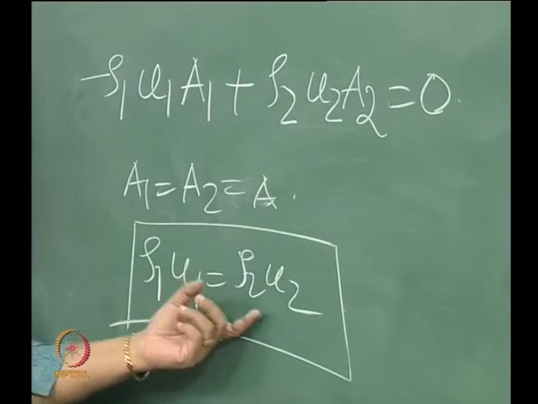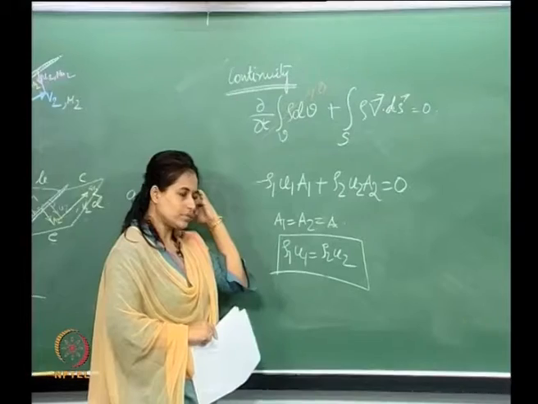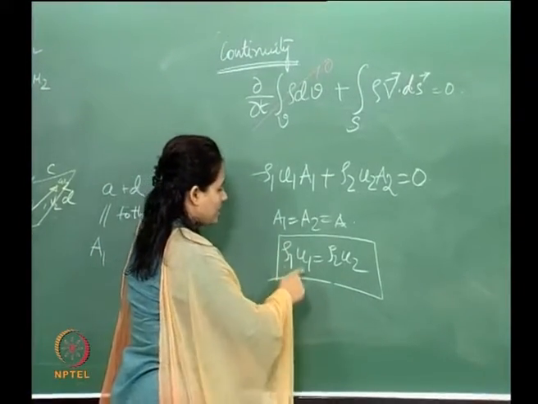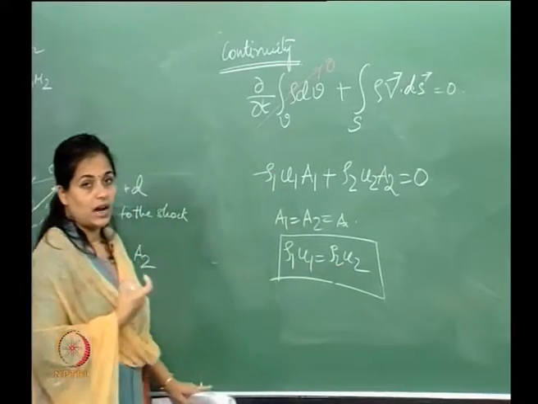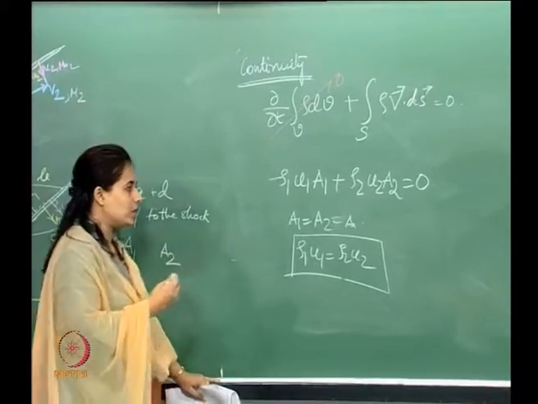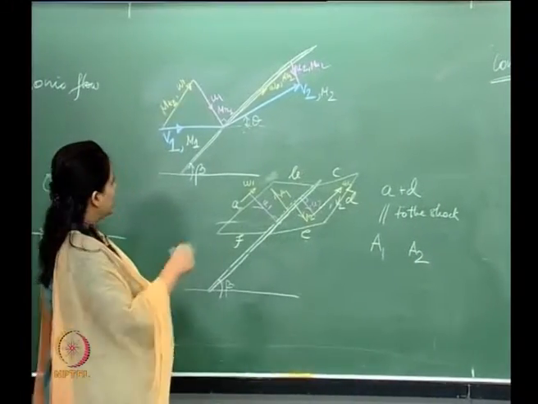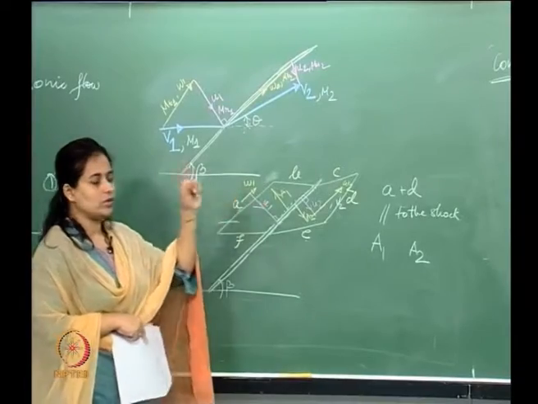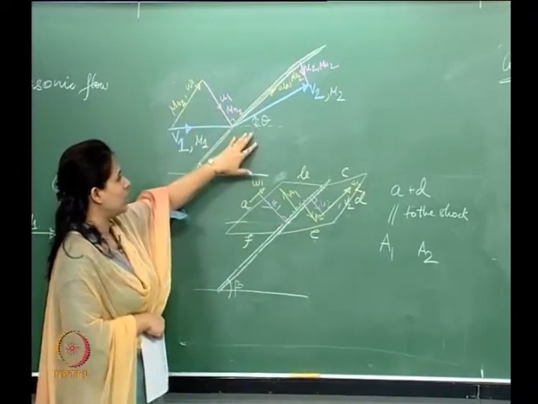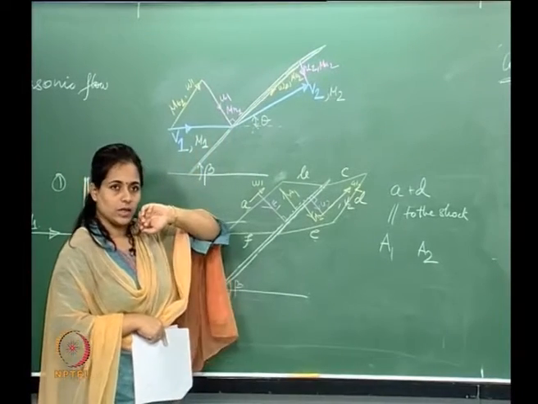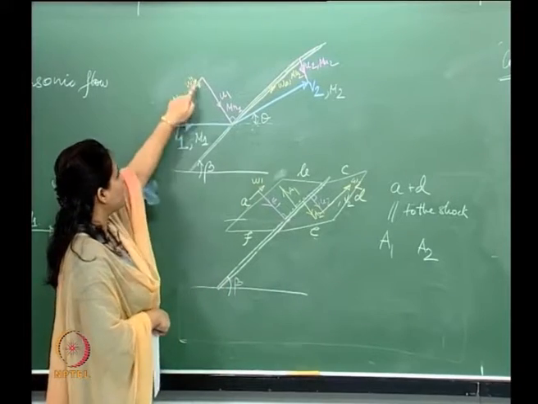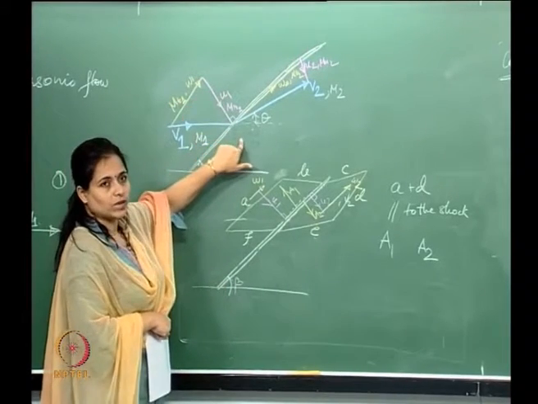Now, how is this different from the normal shock? It is not, isn't it? But what you should notice over here is that u1 and u2 are the normal components of the velocity which is impinging at the oblique shock, okay. So, the continuity equation, if you apply it for an oblique shock, is the same as for the normal shock, provided we take the normal component of the velocity.